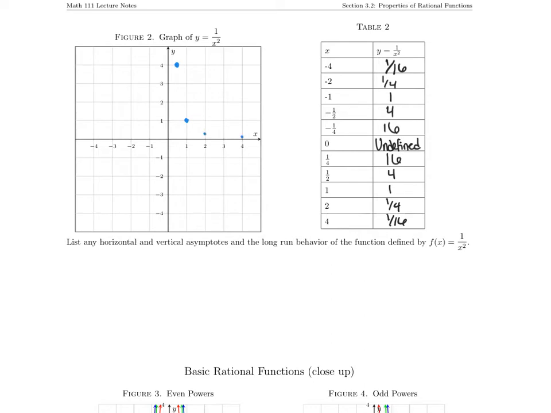So this is what my positive side looks like with my positive x values. And then my negative x values, we're still doing some really positive stuff here. It looks something like this. So now instead of being in opposite quadrants like kitty corner to each other, whenever we have 1 over x squared, both the ends are facing the same direction, both are positive, because anything squared is going to be positive.